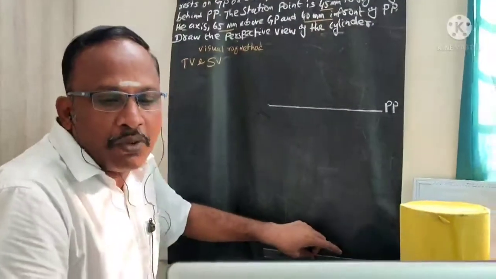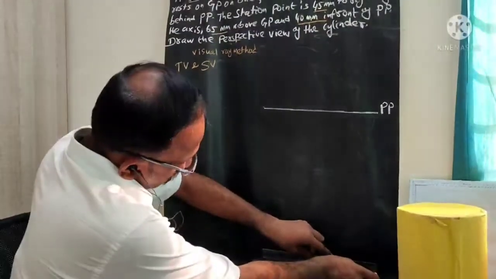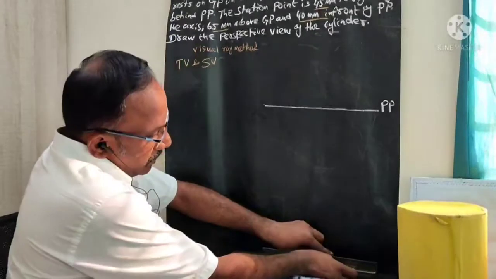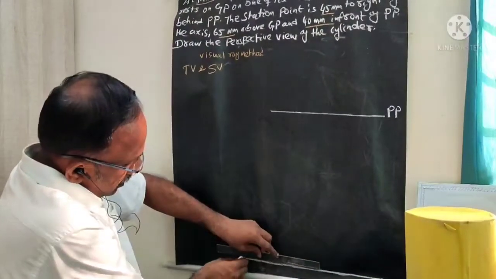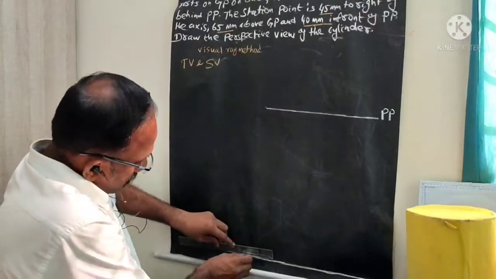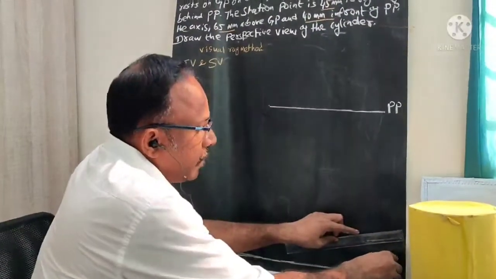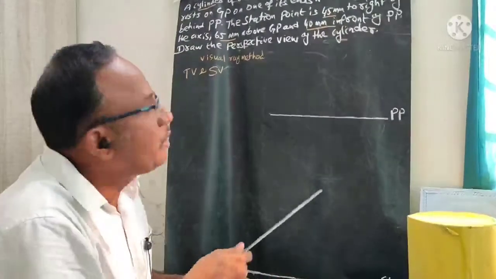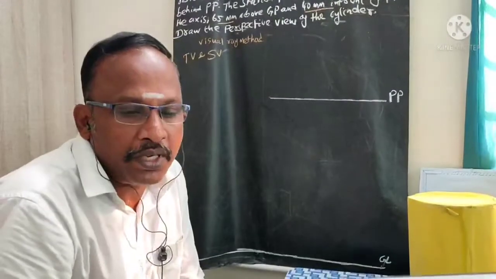After 125 millimeter, you need to draw one line. That line I call the ground line. It is actually the ground plane. I will call this GL, whose distance is approximately more than 65 plus 40 plus 20 millimeter.